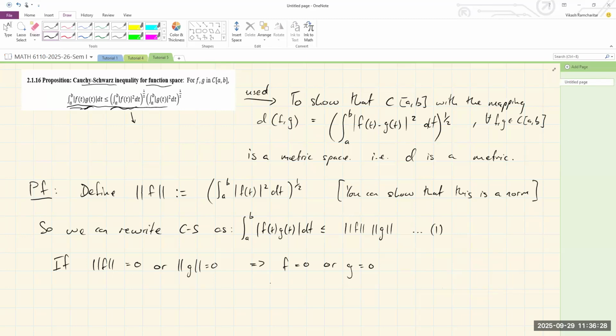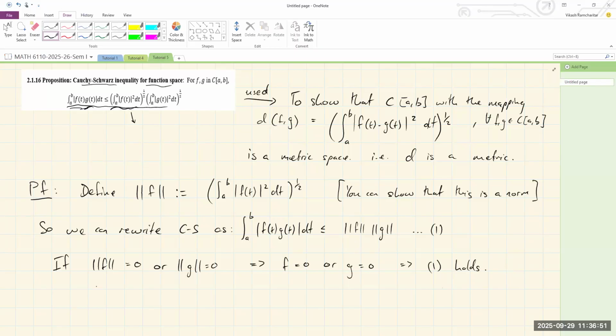So if the norm of f or the norm of g is equal to 0, then either f or g is equal to 0, which implies that inequality 1 holds, or you can say holds trivially. Because in that case, both the left-hand side and the right-hand side will be 0.